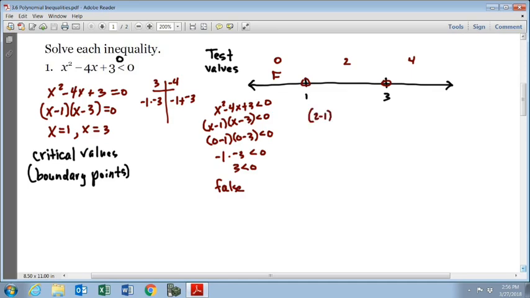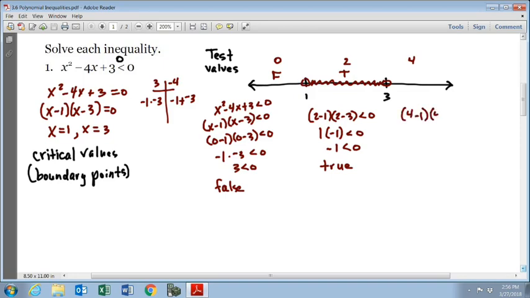Let's try 2. So we're going to get 2 minus 1 is 1, and it'd be negative 1 for 2 minus 3. When we multiply, we get negative 1 is less than 0, and that's true. So 2 worked. So any other value in this interval would work, and we're going to shade everything in that interval.